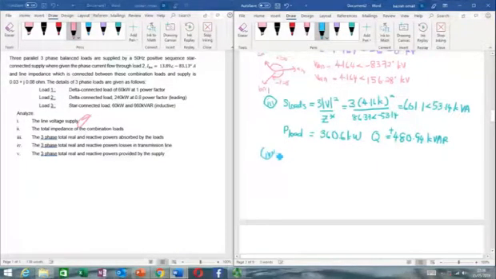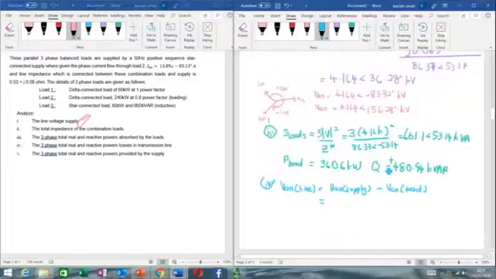Okay, so first step, find VAN line equal to VAN supply minus VAN load. This is KVL: V1 plus V2 plus V3 is equal to 0.